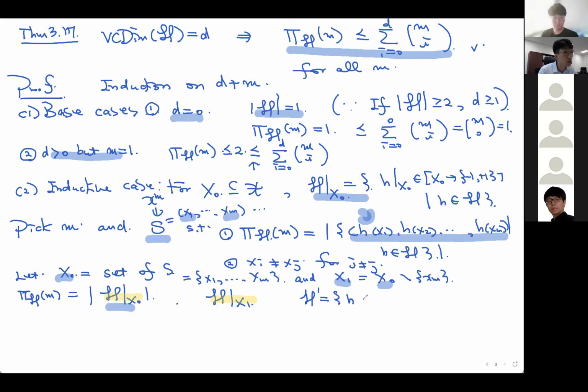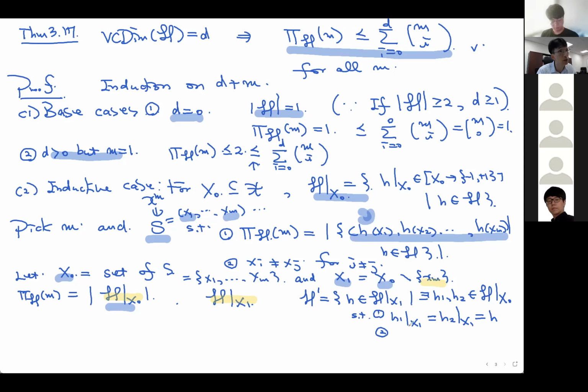It consists of elements in this restriction that satisfy the following property: there exists some element in the restriction over the larger set X0, such that if you restrict it to X1, in other words, if we get rid of this last element xm, then it is the same as h restricted to X1. Okay, so that's the first property.